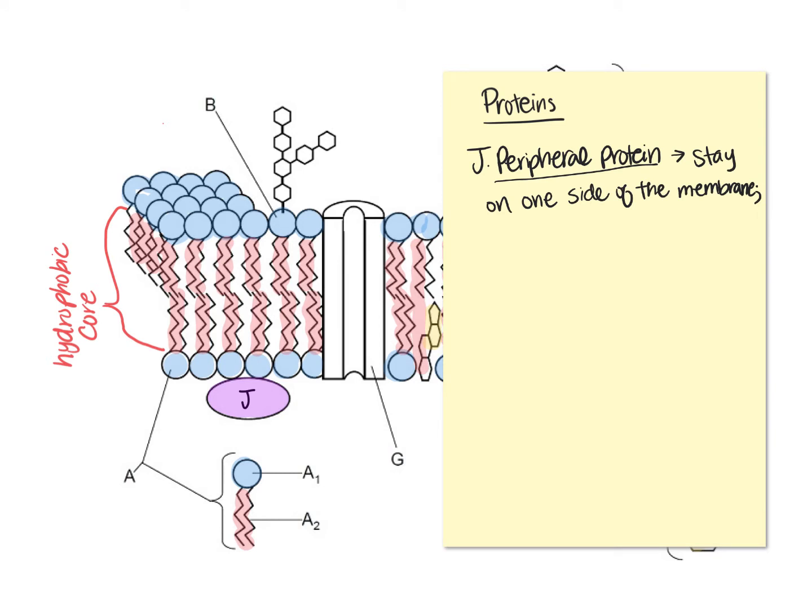In this position, they can act as anchors. Many of them can act as receptors or have many other functions. But structurally speaking, peripheral proteins only stay on one side. And you'll notice that no part of this peripheral protein is touching the hydrophobic core.